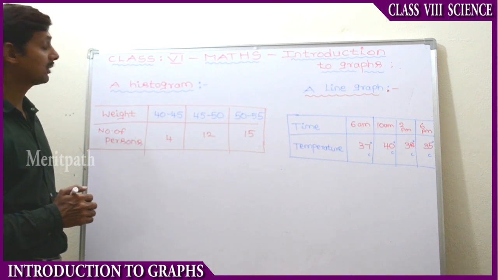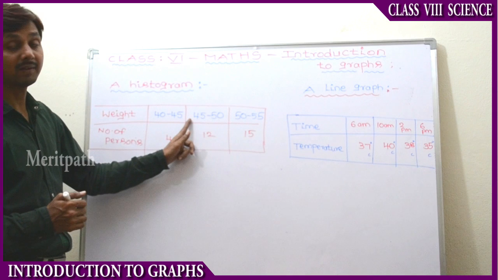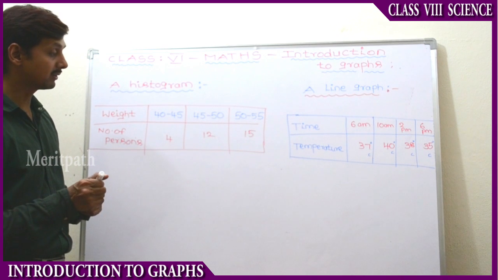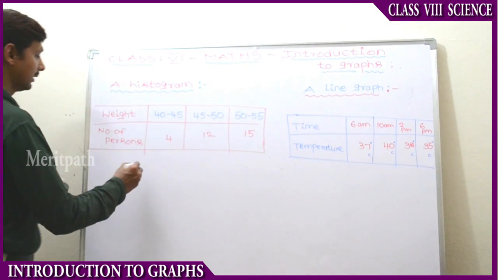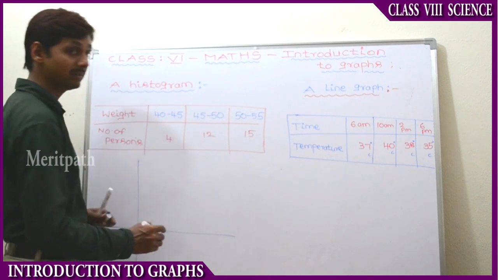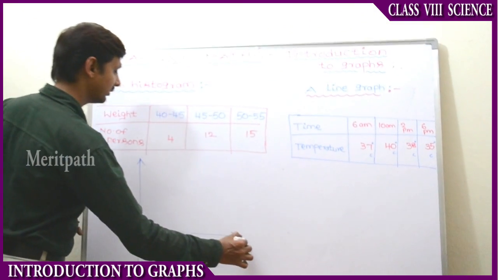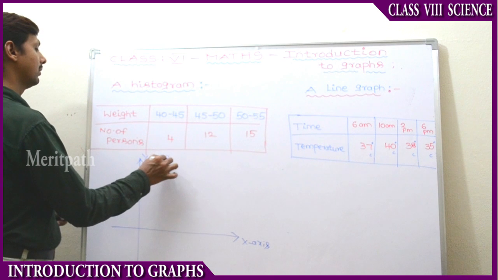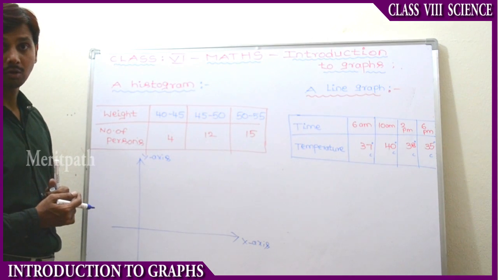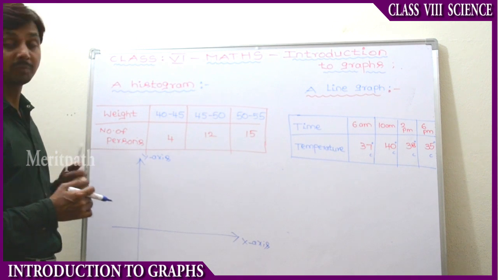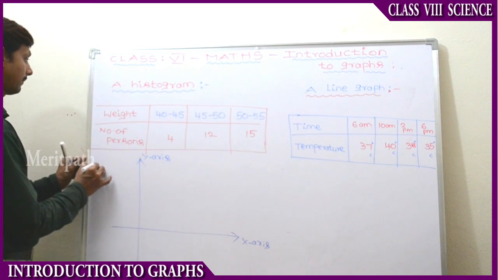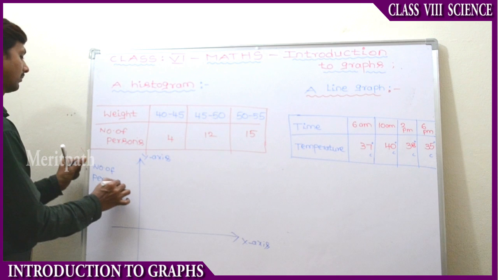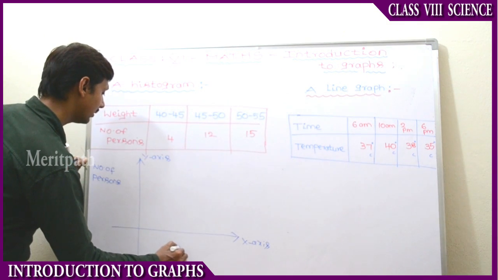Weight is 40 to 45 kgs, 4 persons; 45 to 50, 12 persons; and 50 to 55, 15 persons. Then draw the x-axis and y-axis, horizontal line x-axis and vertical line y-axis. So the intervals we take here on the x-axis. The number of persons will be taken on the y-axis.